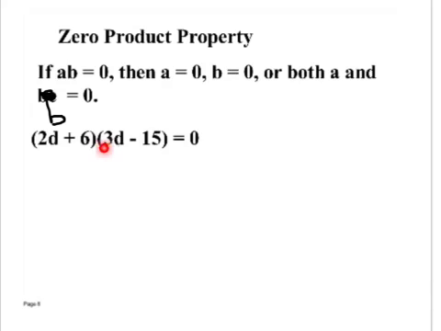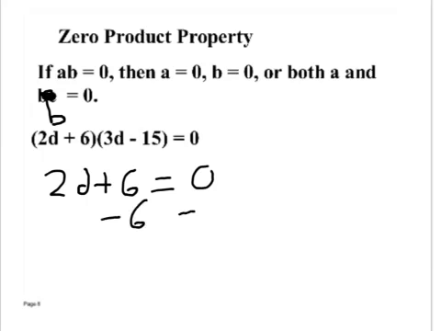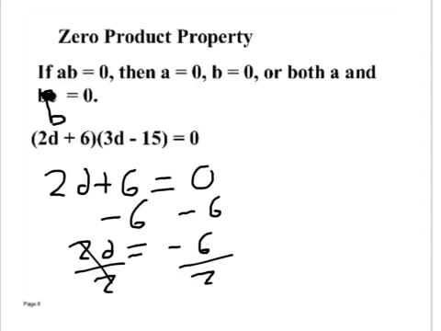So what I need to do is split them up. I need to find out what D is to make 2D plus 6 equal 0. So I subtract 6. I have 2D equals negative 6. Divide by 2. D is negative 3.